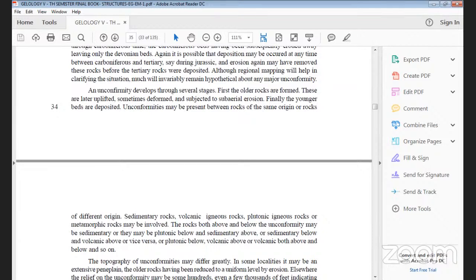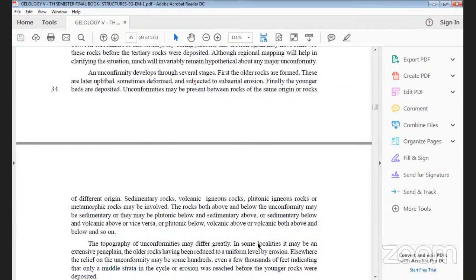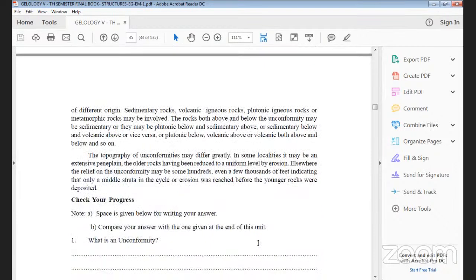And finally, the younger beds are deposited. Unconformities may be present between rocks of the same origin or of different origins: sedimentary rocks, volcanic igneous, plutonic igneous, and metamorphic rocks may be involved.